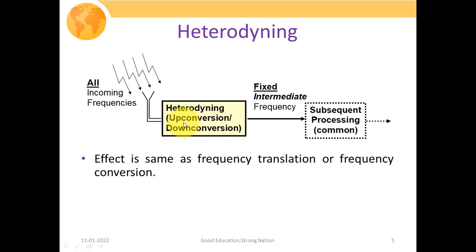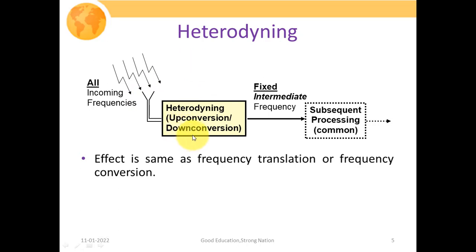Heterodyning is the same as frequency translation or frequency conversion. In the front end of our super heterodyne receiver we have an antenna which receives all the incoming frequencies, and as we already studied, the RF signal strength is very low, so we have to select a specific frequency band and then further amplify it. Heterodyning is nothing but an up conversion or down conversion operation.